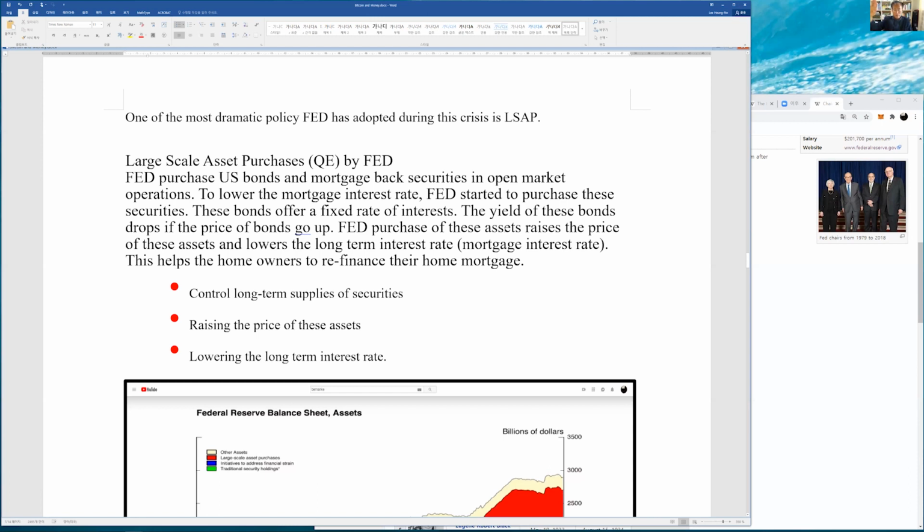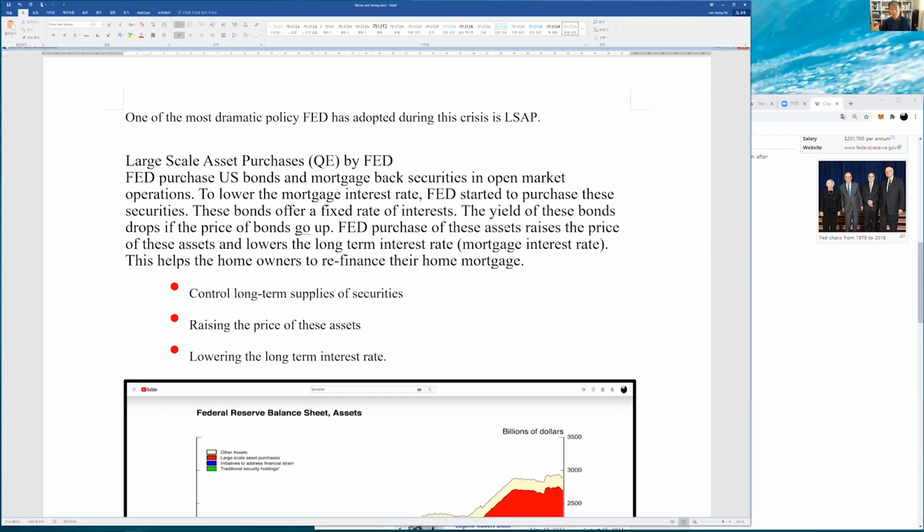The amount of money you will earn divided by the amount of money that you invested to purchase these bonds. The yield rate goes down if the denominator, which is the purchasing price of the bond, goes up. So how do you make the purchasing price of the bond go up?